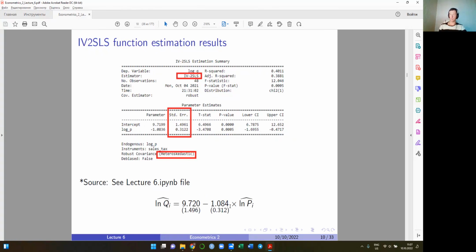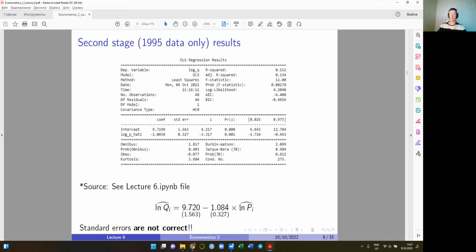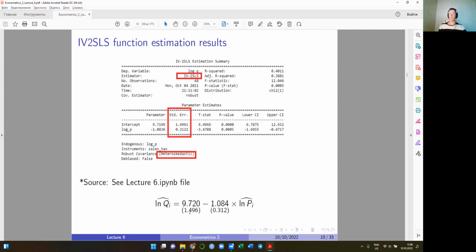You see that the coefficients are similar to the previous ones. So it was 9.7, 1.08, but let us note the standard errors here, 1.56, 0.33 approximately. And now we have different standard errors.